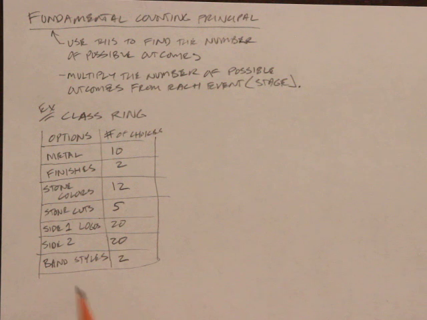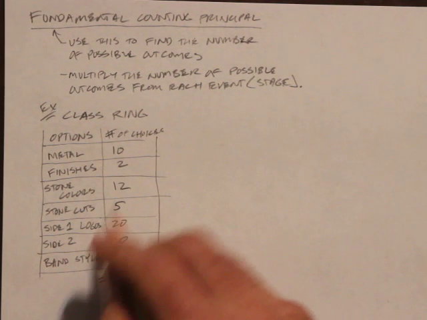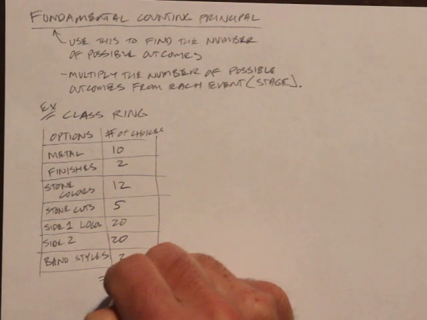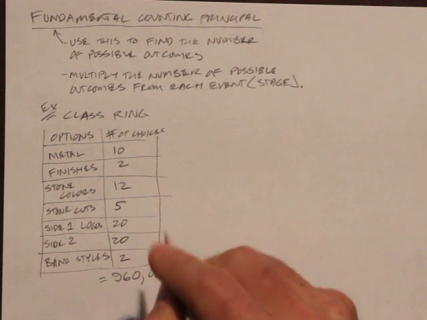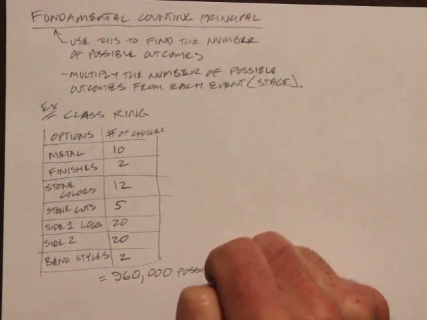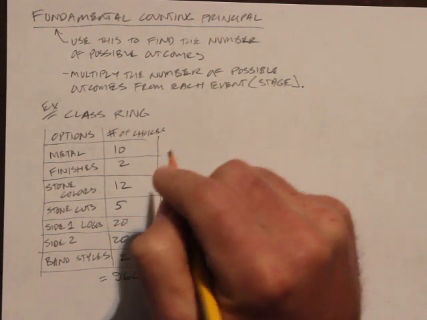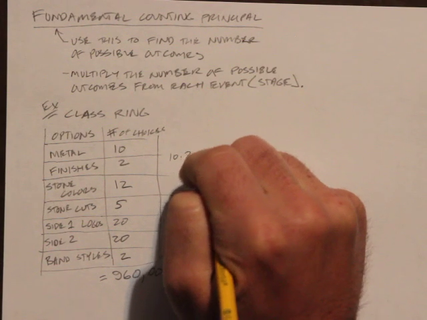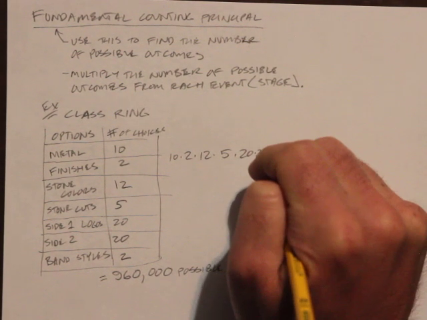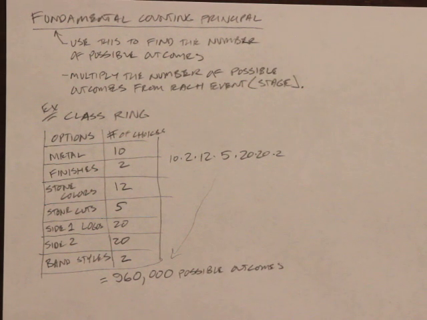So if I multiply all those together, all of those multiplied together, 960,000 possible outcomes. So all you do is multiply 10 times 2 times 12 times 5 times 20 times 20 times 2. And that's what you end up getting when you multiply those together.